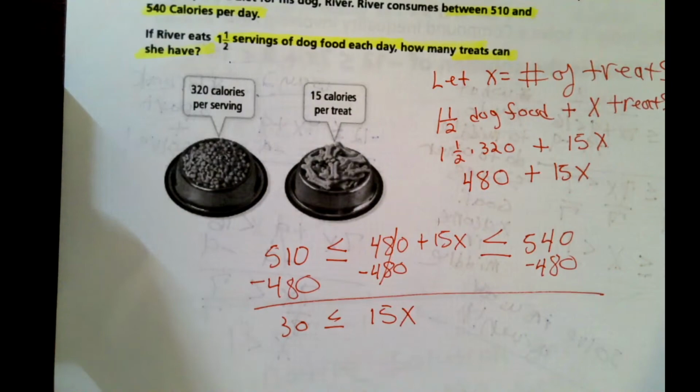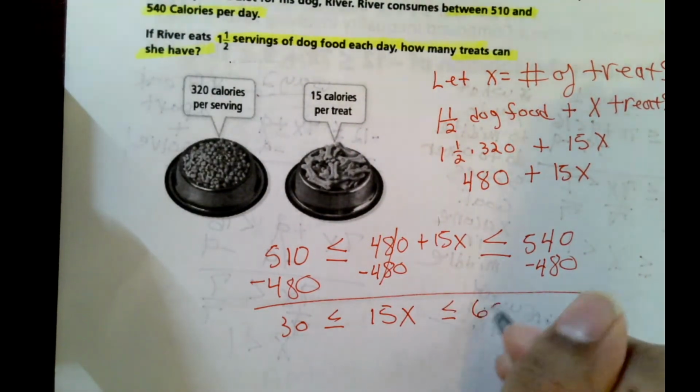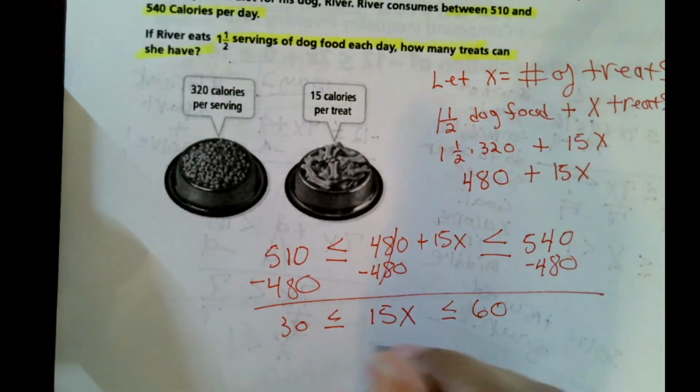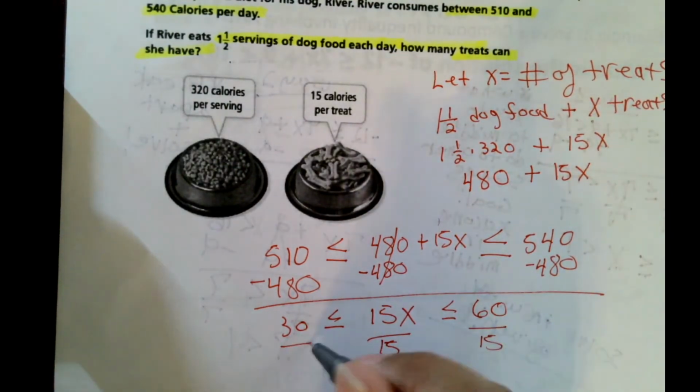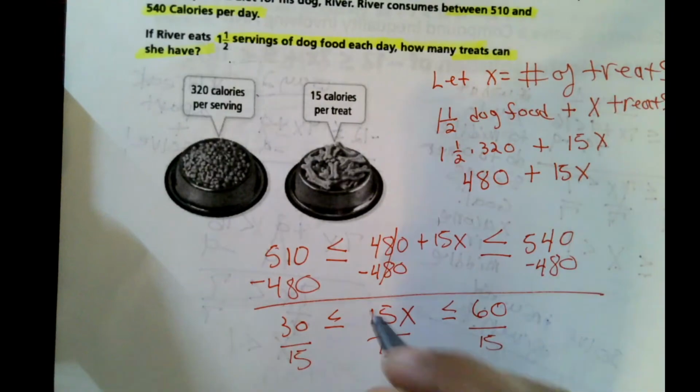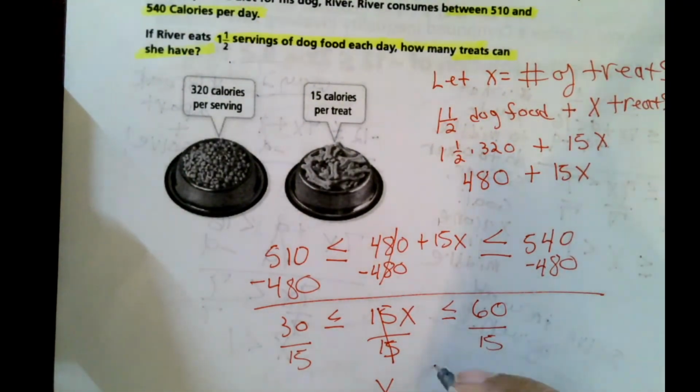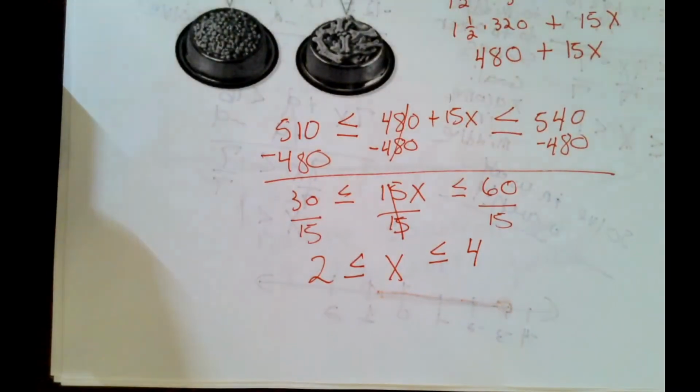So we are dividing by 15 on all sides. Cancel. x. 60 divided by 15 is 4. 30 divided by 15 is 2. So we have x between 2 and 4. Not too bad. We don't have to draw a graph for this one, but we do have to make a sentence because this is a word problem. So she can have between 2 and 4 treats.